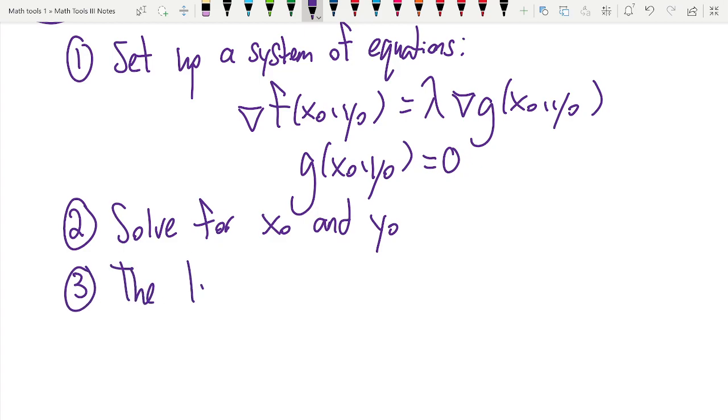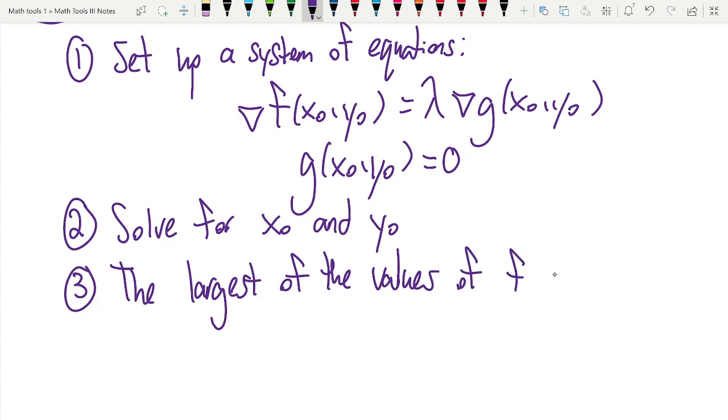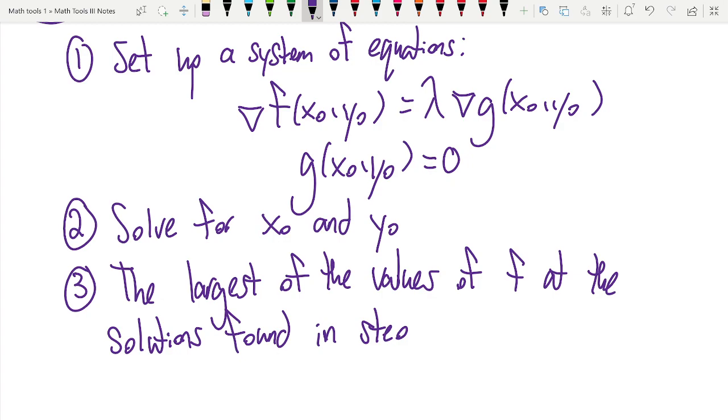And then the largest of the values of f at the solutions found in step 2. Okay, so there might be more than one point right here, is what it's getting at.